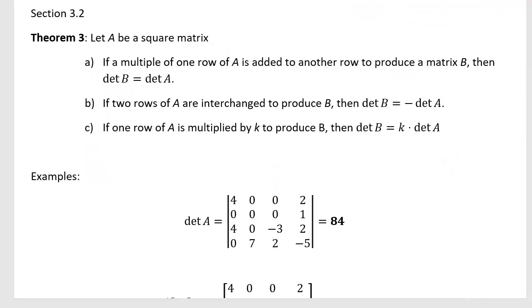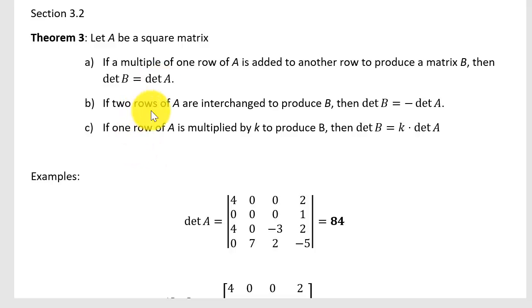We're in section 3.2, and this section starts off with a theorem that says that if you have a square matrix and you perform an elementary row operation, your results are going to be predictable. So an elementary operation where you multiply one row by a number and then add it to another row will leave your determinant the same.